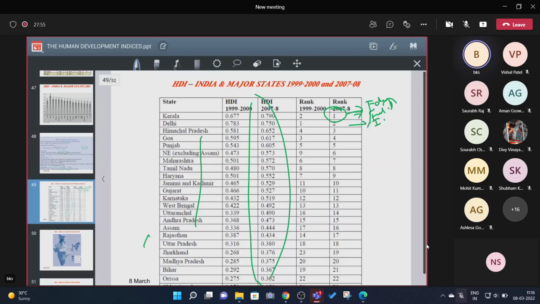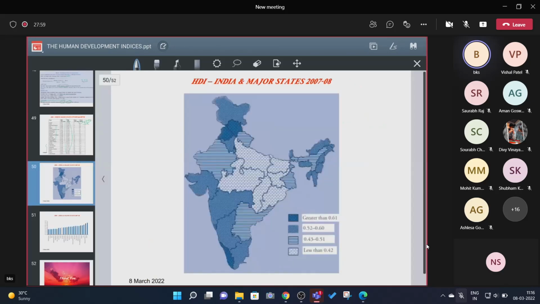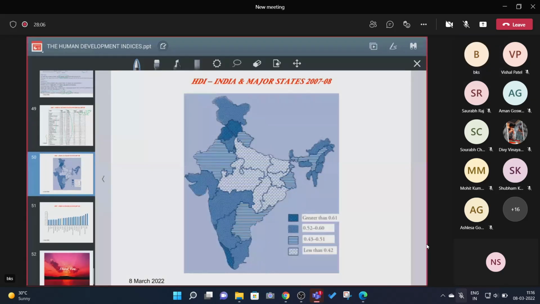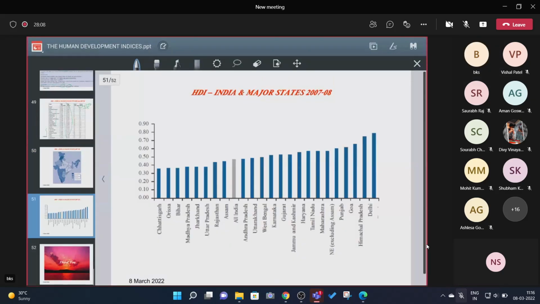The states that remain poor, they remain at the bottom of the map, and you can see this from the map actually. So you can see Chhattisgarh, Odisha, Bihar, Madhya Pradesh, Uttar Pradesh.